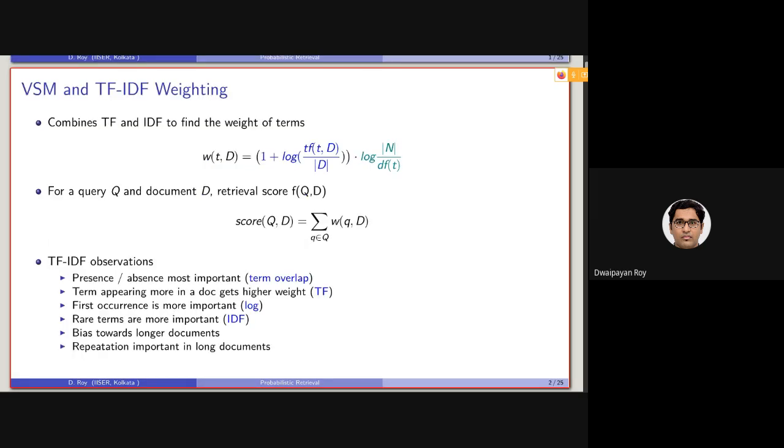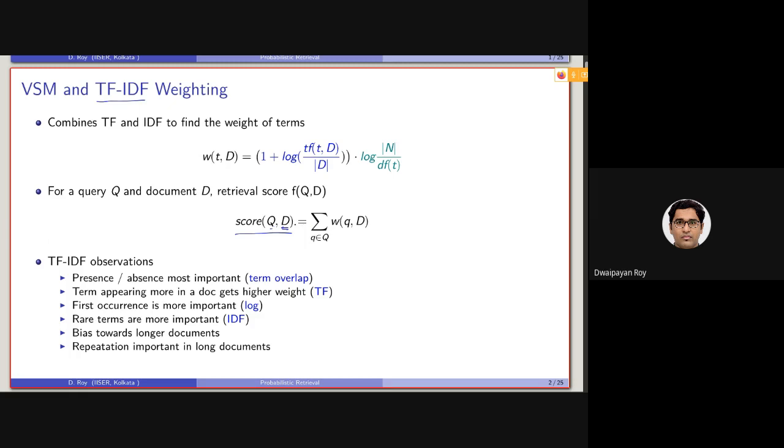So in the vector space model, we have used the TF-IDF term weighting to represent the contribution of the individual terms in a document. Note that the ultimate target is to assign a score to all the documents in the collection for a given query.